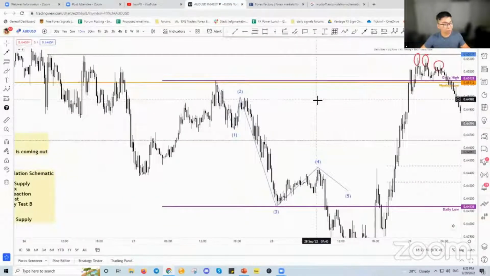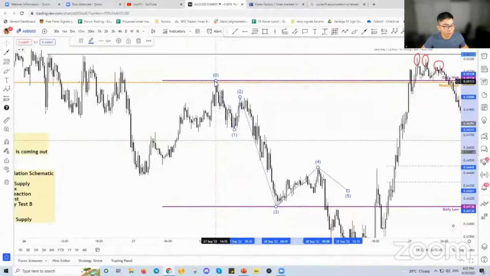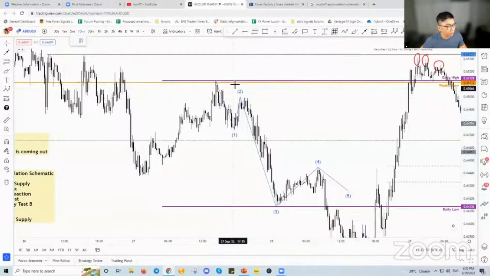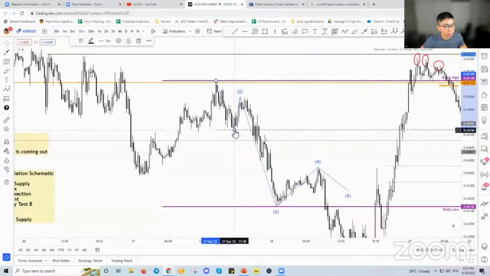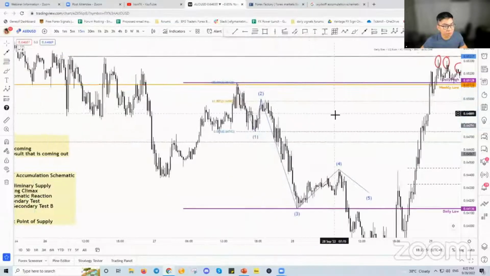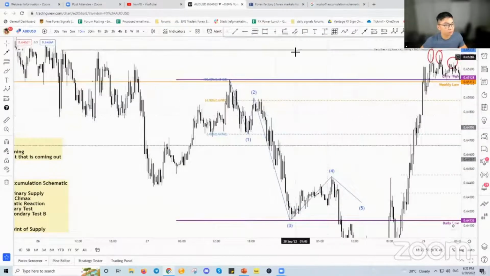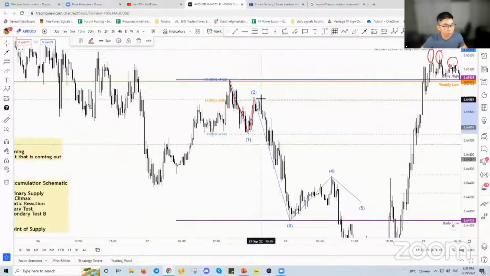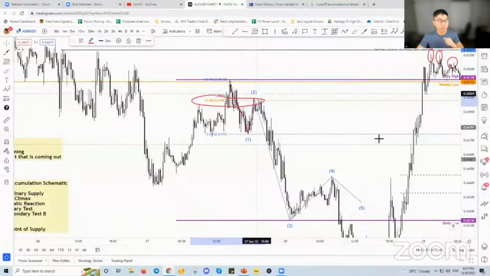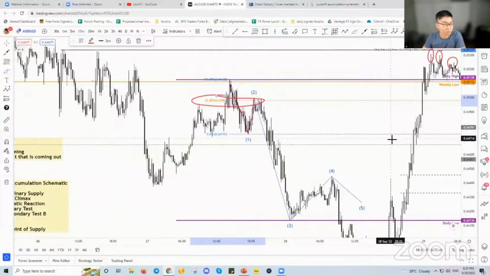For wave 1, from 0 to 1, and then from 1 to 2, wave 2 always has to come down and retrace back up to the 61.8% Fibonacci ratio. Look, it's very clean. Price comes down, taps up at wave 2, and comes into the 61.8% Fibonacci ratio.